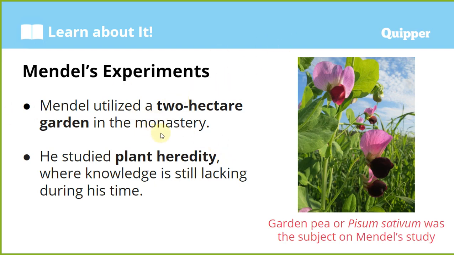So he studied plant heredity where knowledge is still lacking during his time. Maganda yung kanyang kaya if you're going to find something for your research, for example, make sure that you get the less common studied, the less studied subject.